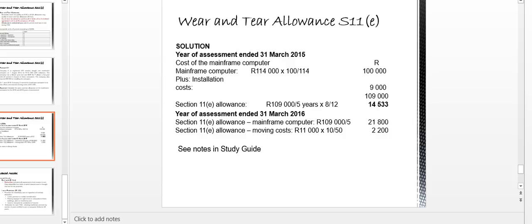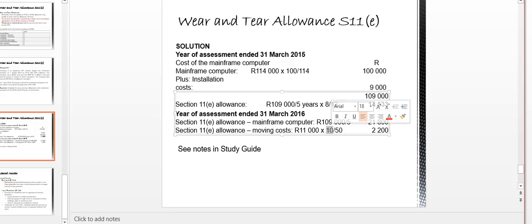So the moving cost was 11,000 Rand, but during the current year of assessment, so from the 1st of June 2015 until the 31st of March 2016, there is 10 months. But the remainder time of this capital allowance in which you can write it off is then 50 months. So that's basically from the 1st of June 2015 up until the 31st of July 2019, because we bought it on the 1st of August.